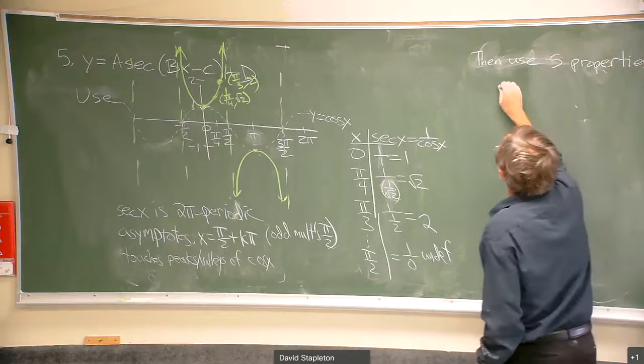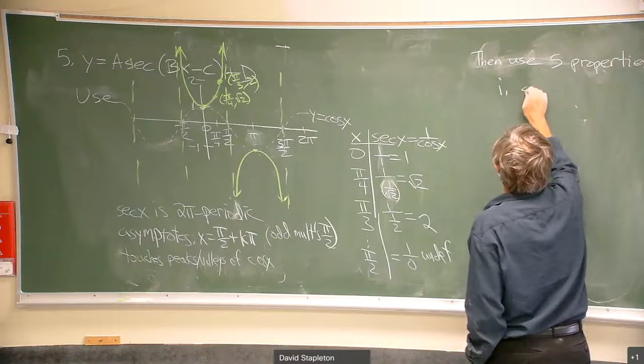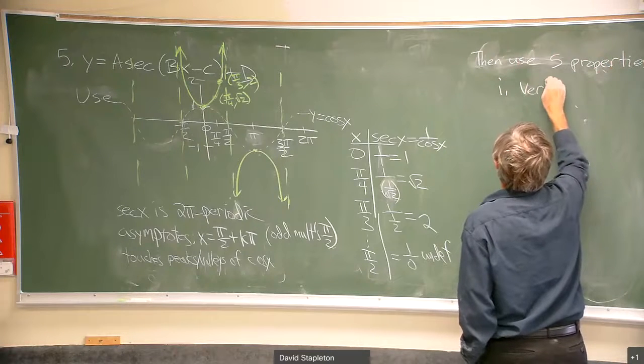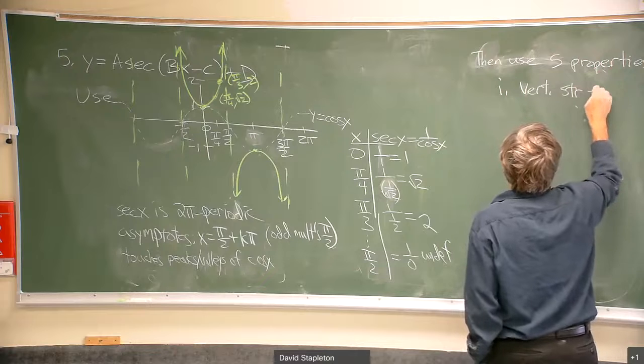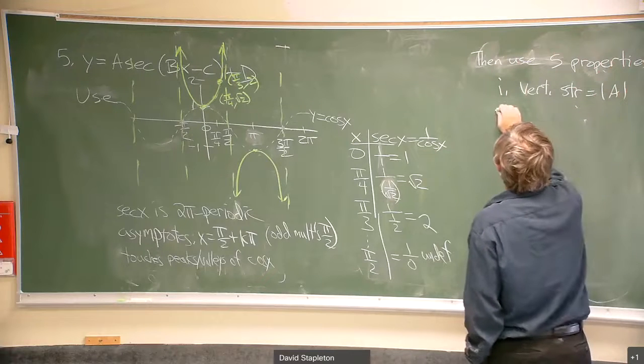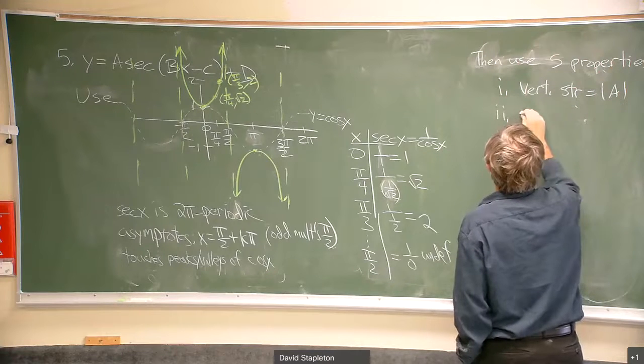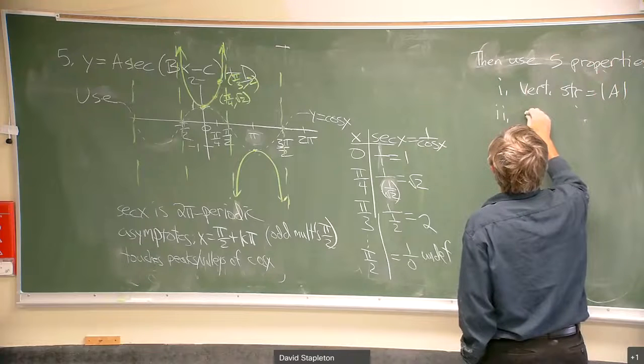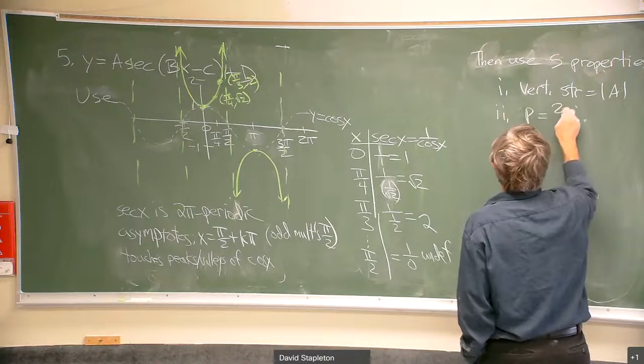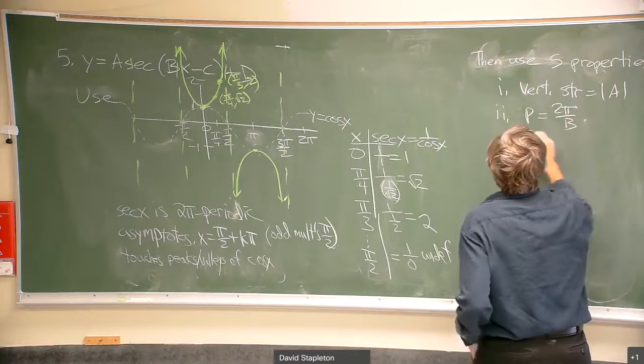Once again, you'll say this, and it's the same for all these vertical stretch factors, absolute value of A. All right, the period, since the original function was 2 pi, the stretch function has period 2 pi over B, just like cosine and sine.